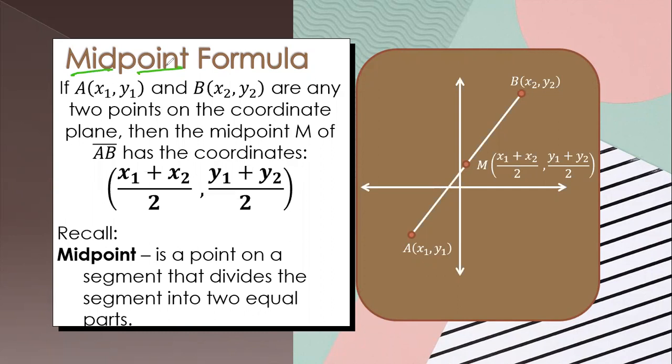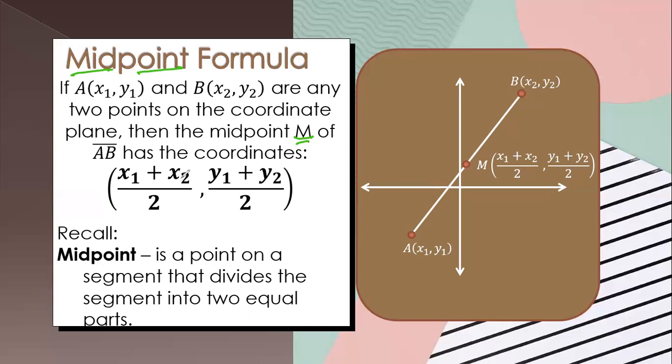Our midpoint formula states that, same with the distance, if we have point A, which is x sub 1, y sub 1, and point B, which is x sub 2, y sub 2, are any 2 points on the coordinate plane, then the midpoint, which is represented by M, of segment AB has the coordinates, you just have to get half of the sum of each coordinate.